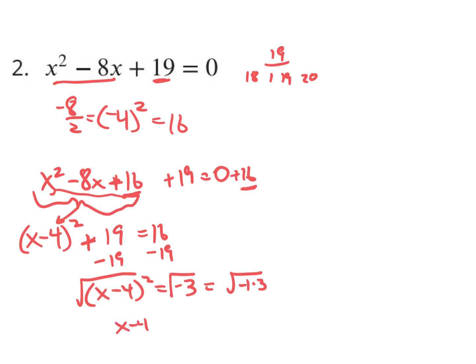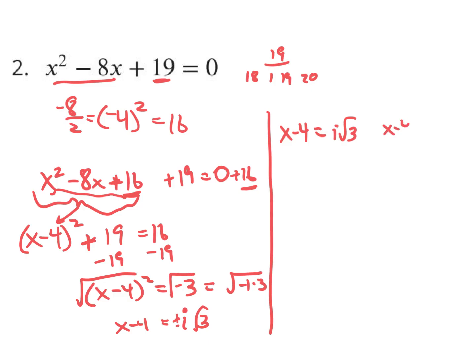So x - 4 is equal to i root 3, positive and negative. Let me do this over here on this side. You get x - 4 is equal to i root 3, and then x - 4 is equal to negative i root 3.